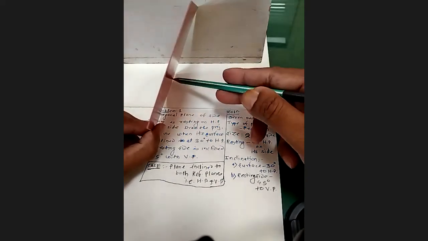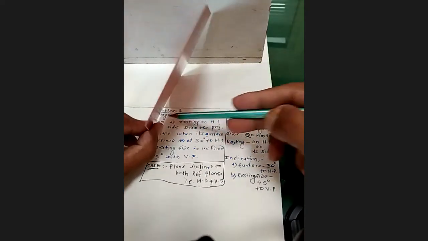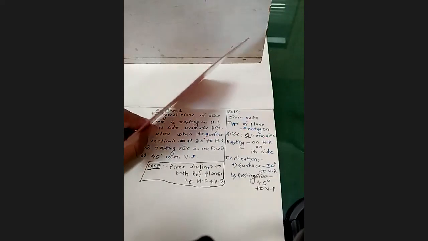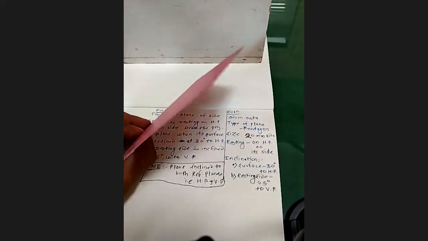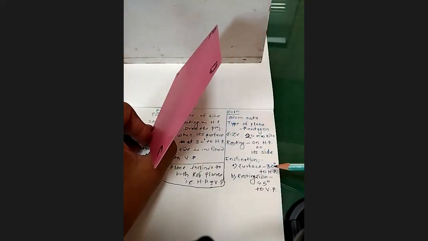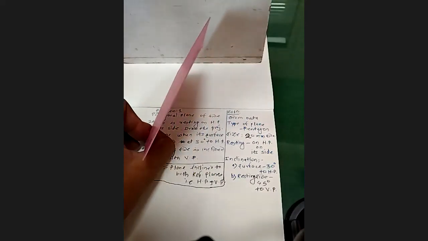As per the given statement, it is resting on HP on its side. Now we have the first condition, resting on its side, but it can rest in any way if the further conditions have not been given. It can rest like this even, and still we can say it is resting on its side on the horizontal plane.